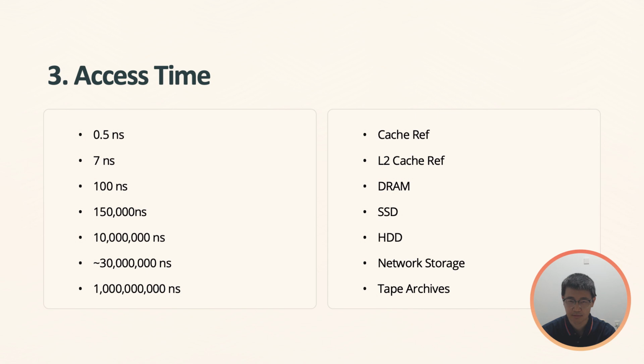You can visualize it like this: 1 second versus 67 years. The case is that it's going to be bigger and slower, but cheaper, from this volatile storage to this non-volatile storage. The top one is volatile, and the bottom one is non-volatile.